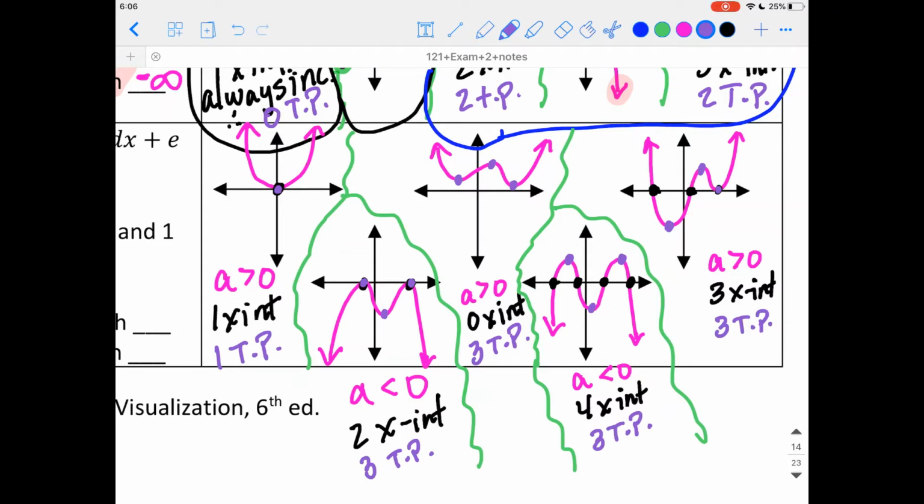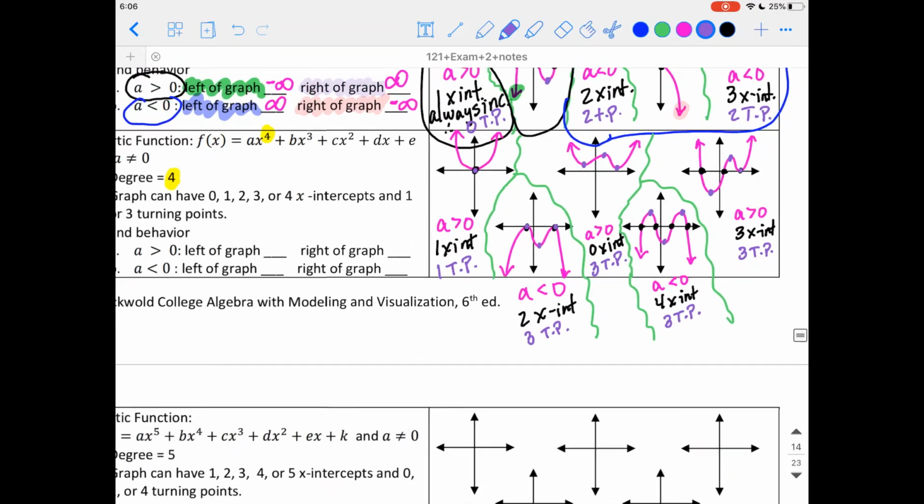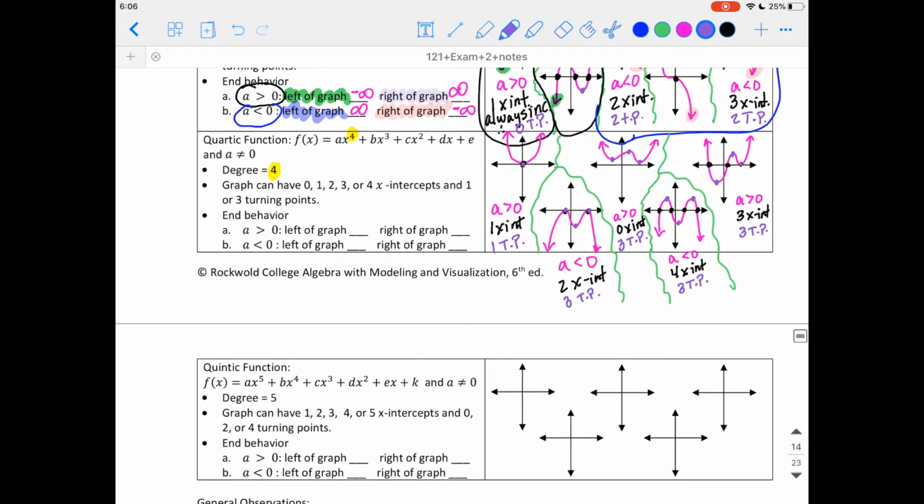So now let's look at end behavior. If we have a greater than 0, I can be looking at this kid or this kid or this kid.